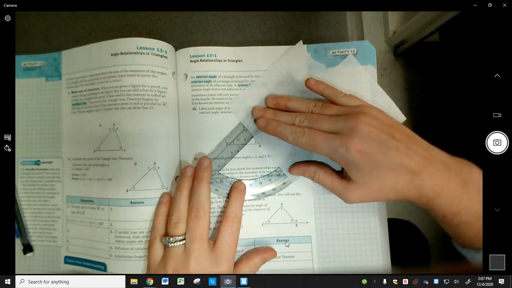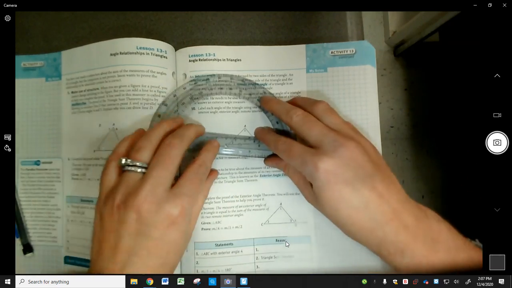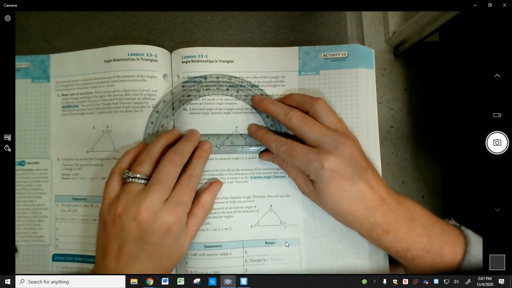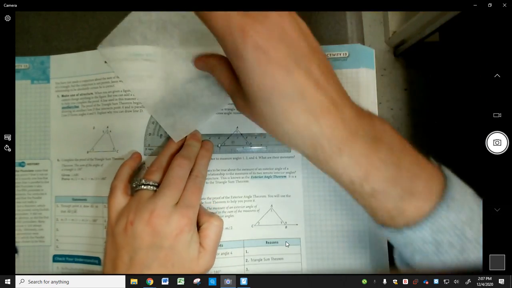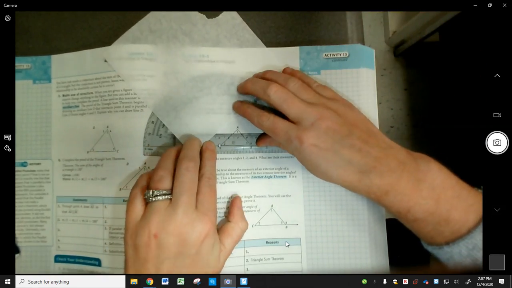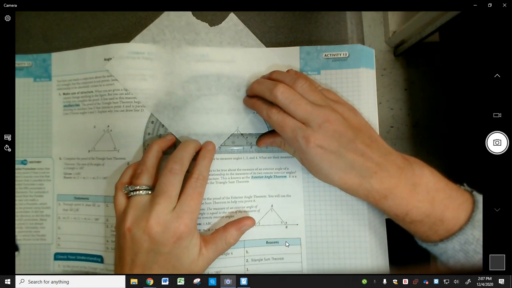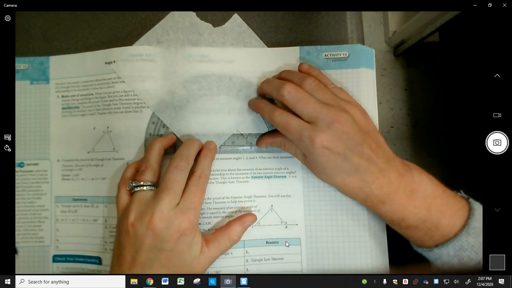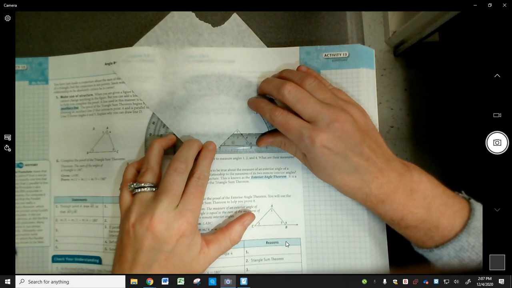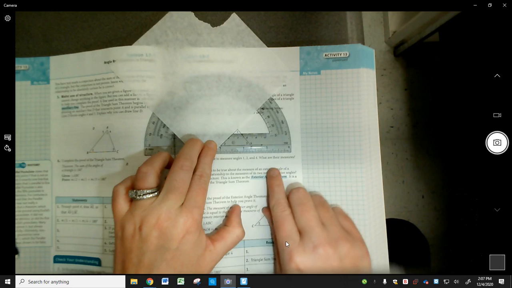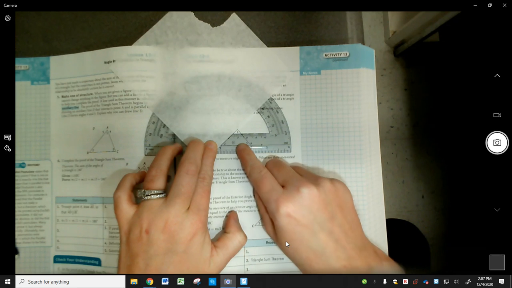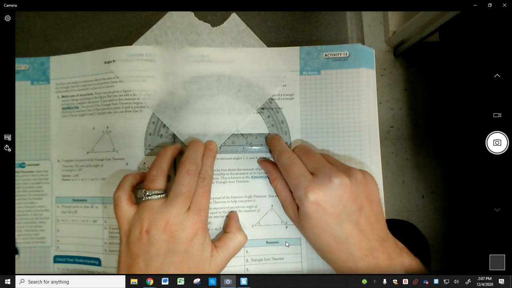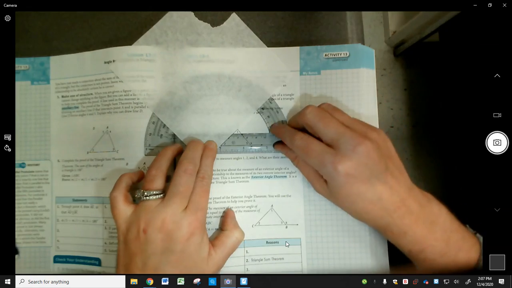Now looking at angle 2. We are going to be using the inside numbers again because this is the angle we're measuring. And so 0 starts right here on the inside, on this side.